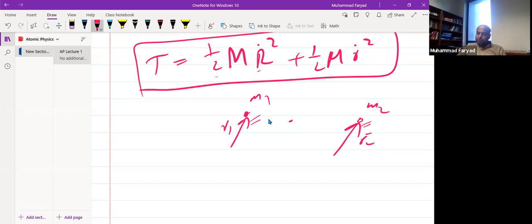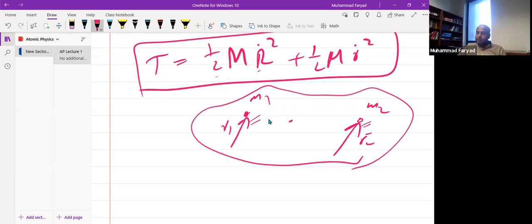If you are very far away from these two particles, you can essentially imagine them to be together and located at the center of mass with total mass M. If you look from far away, you can see that this system as a whole is moving this way or that way or towards here. That combined motion, or you can say the total translational motion, is encapsulated in this term.